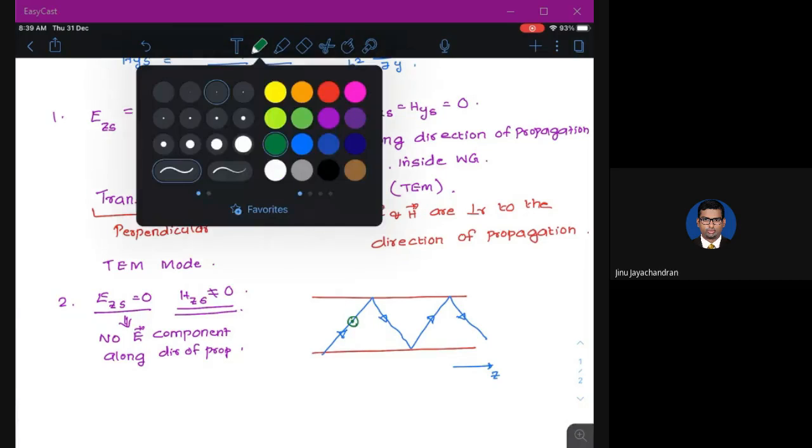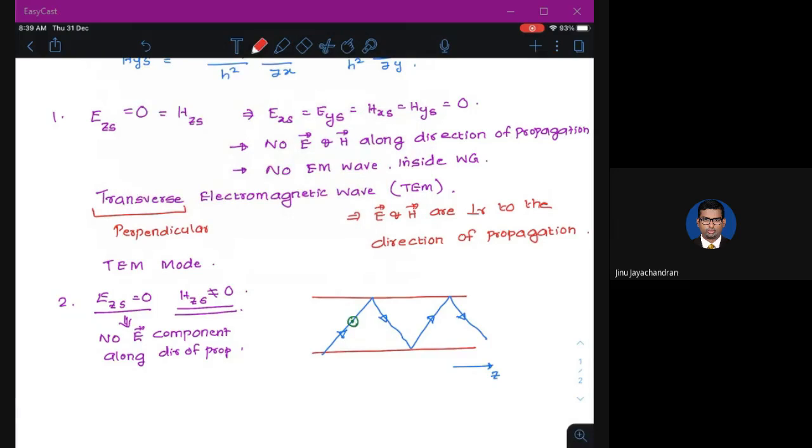Your magnetic field might be in some direction like this. And if you resolve this, you see that it has two components. One along Z, although it is along minus Z, but there is a component along the direction of propagation.